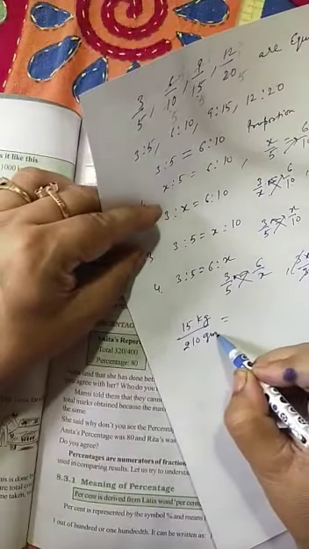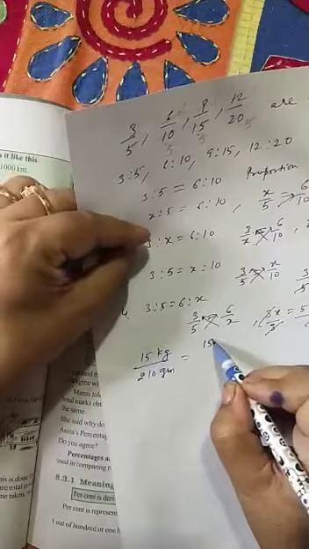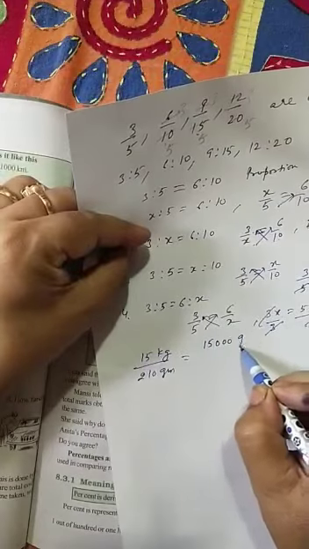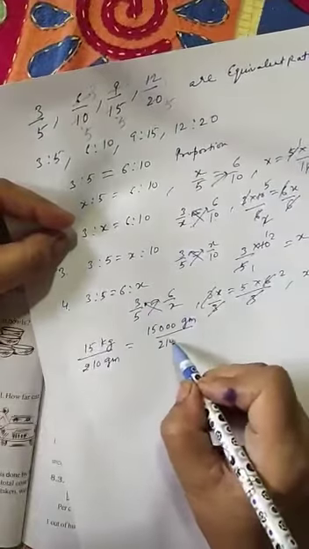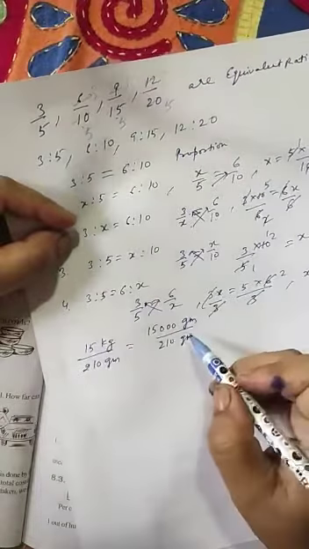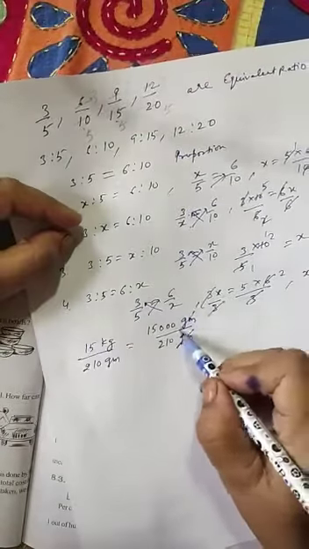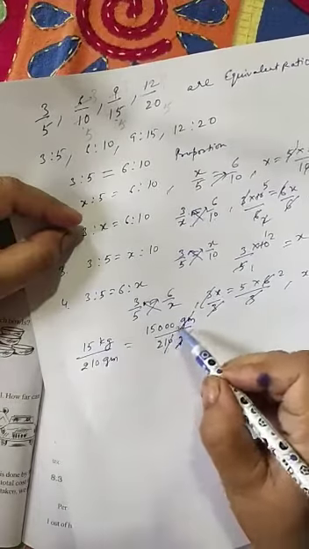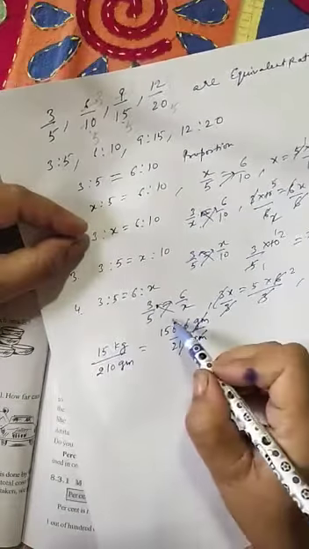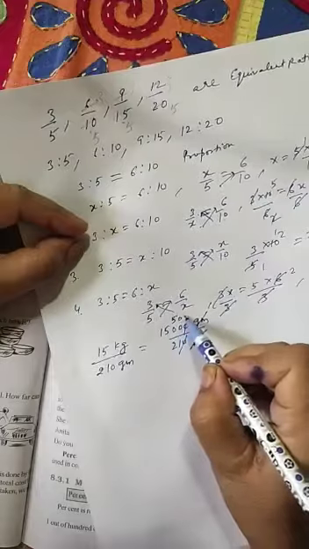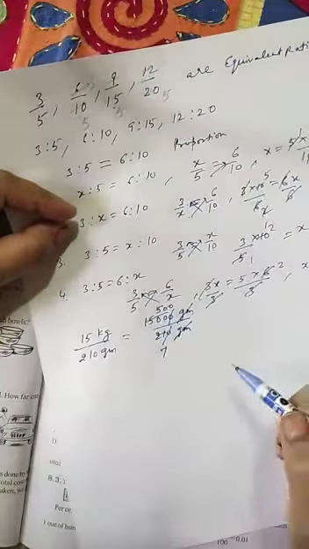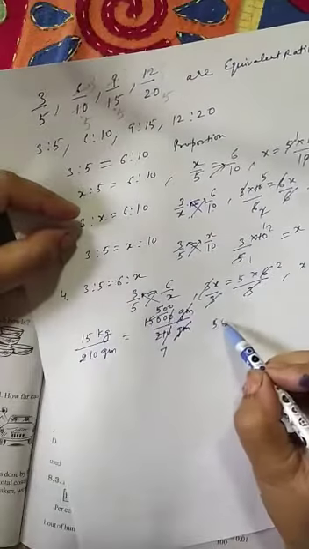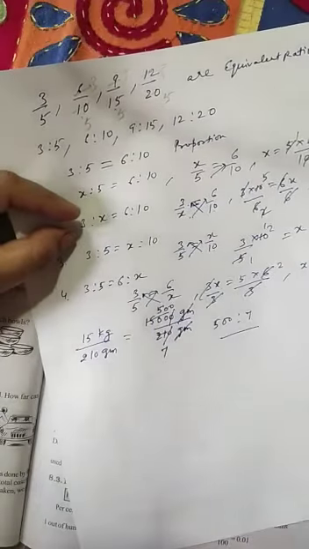So first of all, convert: 15,000 gram upon 210 gram. For a ratio we don't have units. Gram will cancel. 0 cancels. Then 3 fives are 15, 0. 3 sevens are 21. Then 500 ratio 7 is the answer.